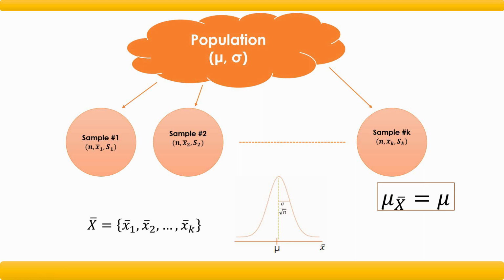From this we can say the mean of the sample means is the same as the mean of the population, and the standard deviation of the sample means is equal to the standard deviation of the population divided by square root of sample size.